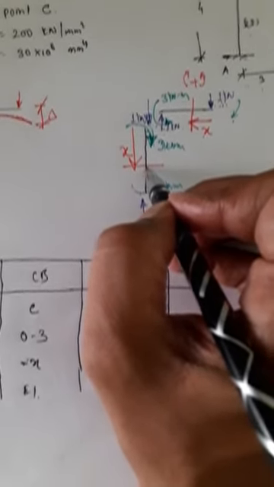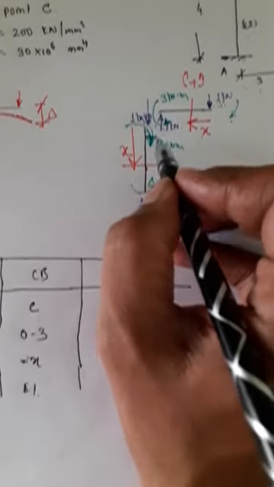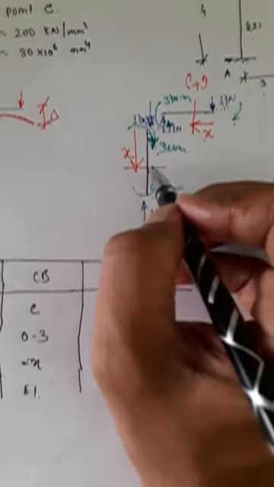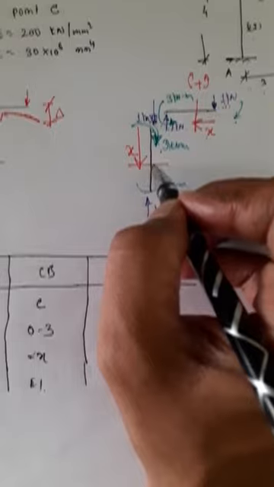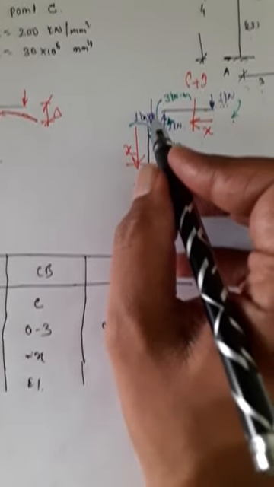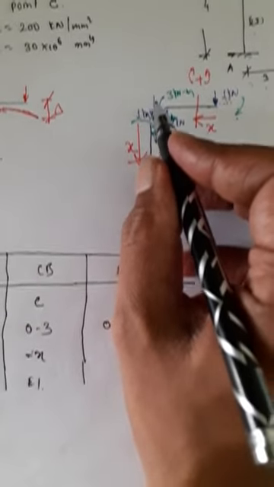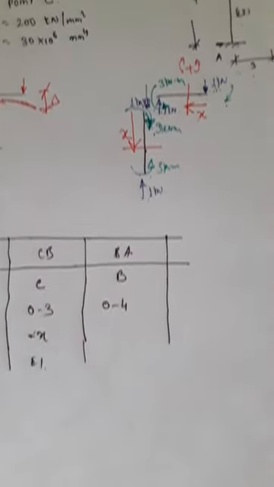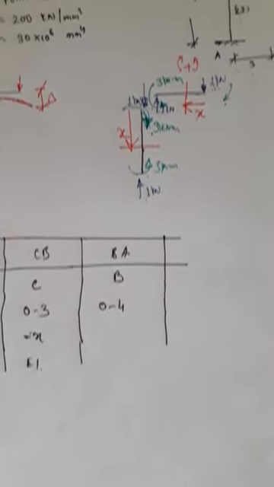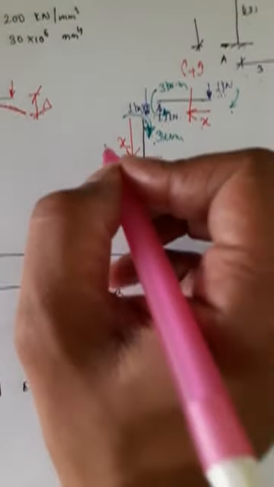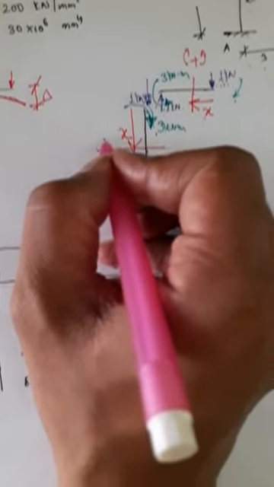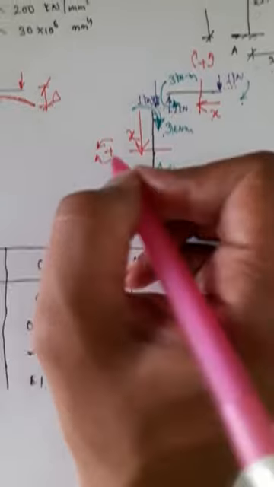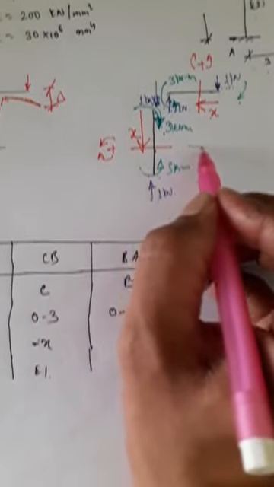So here you have to consider two things. One is this couple, another is this point load. Moment at this section because of the point load is 0, because perpendicular distance is 0. This point load is acting through the beam. Now couple. To consider the couple, look at the sign convention. You have to look at the beam in this direction.